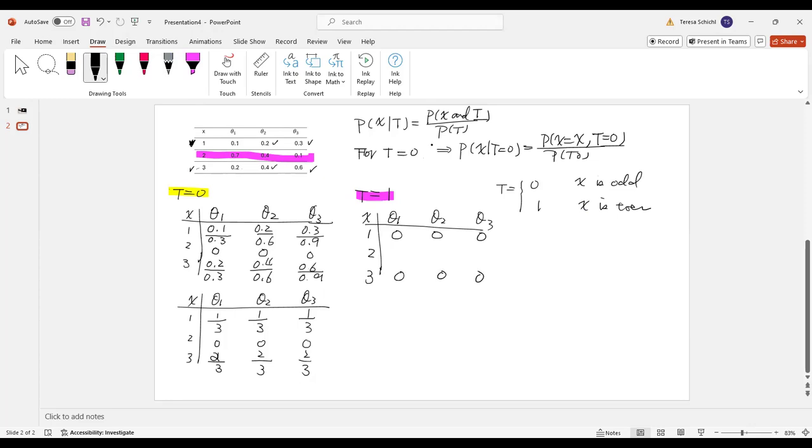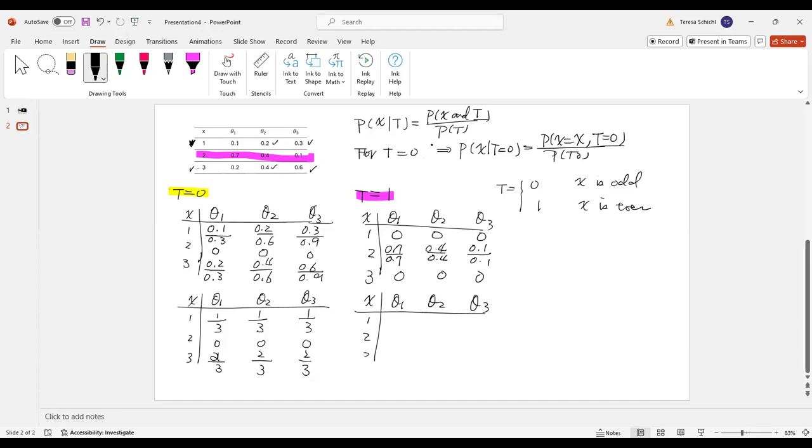And so what is here? So this will just be 0.7 over 0.7. Then this is 0.4 over 0.4. And then this is 0.1 over 0.1. So let me simplify that. So this is x. So theta 1, theta 2, theta 3.